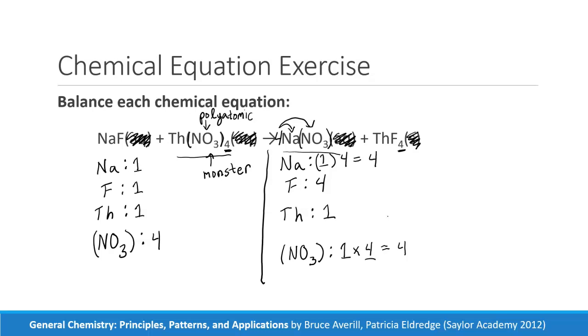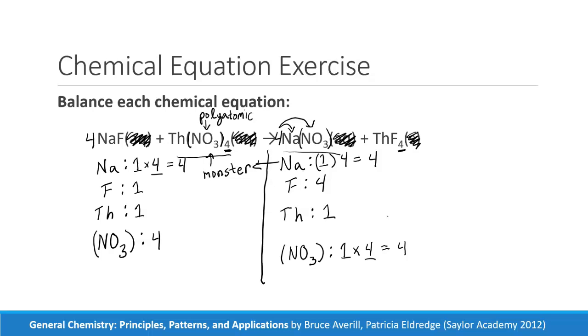Now we bounce back to the reactant side. Since I affected the sodium on the product side, I want to look at it on the reactant side. I only have 1 sodium, so I need to increase the sodium on the reactant side to equal 4. Therefore, I have to multiply the 1 times 4, and what I multiply by becomes my coefficient.